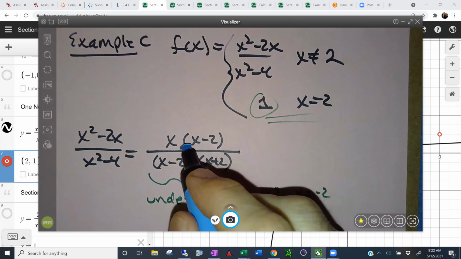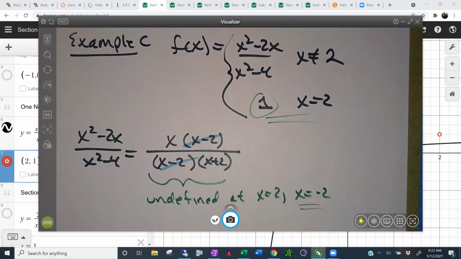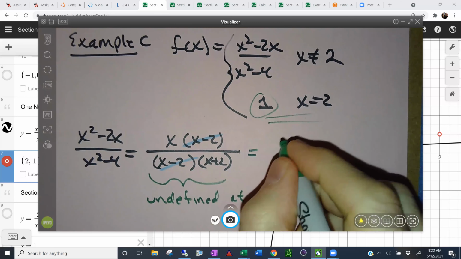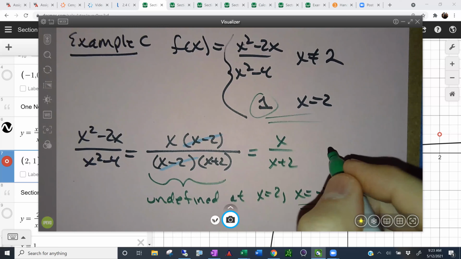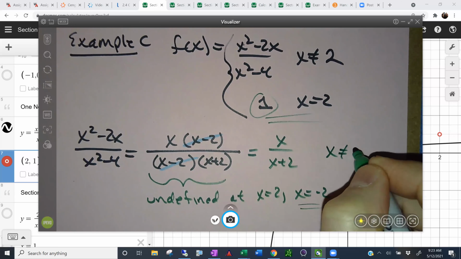Now, it does look like, and it does in fact happen, that these two cancel. You still can't put x equal 2 into here, but other than that 1 point at x equal 2, this function is equivalent to x over x plus 2, as long as x is not equal to 2.